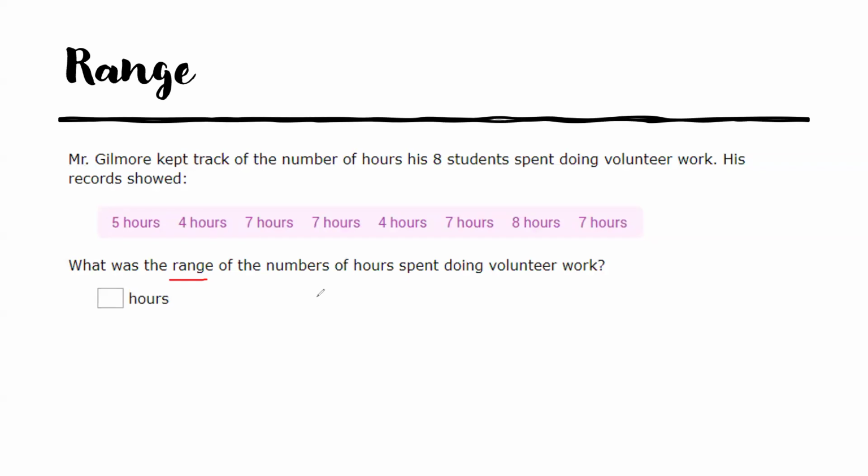I'm just going to look really carefully, double check my work to make sure I really do find the largest and the smallest number. It looks like the smallest set of data is 4 hours. The largest is 8. So to find that range, we take 8 minus 4, which is 4. So the range of hours that his students spent doing volunteer work was 4 hours.